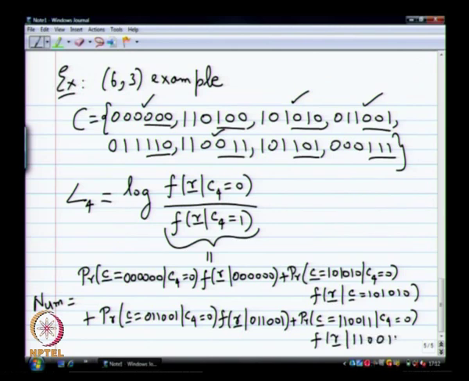So this is how the numerator will look, and each of these terms will have probability 1 by 4.